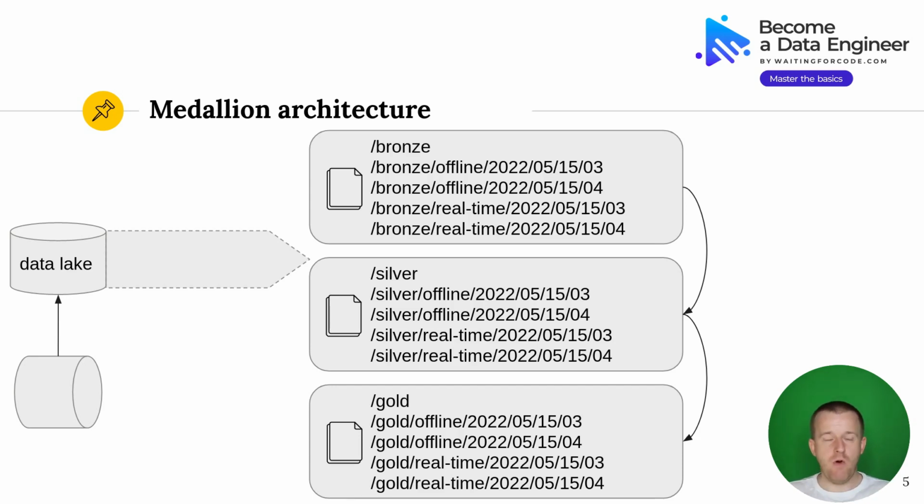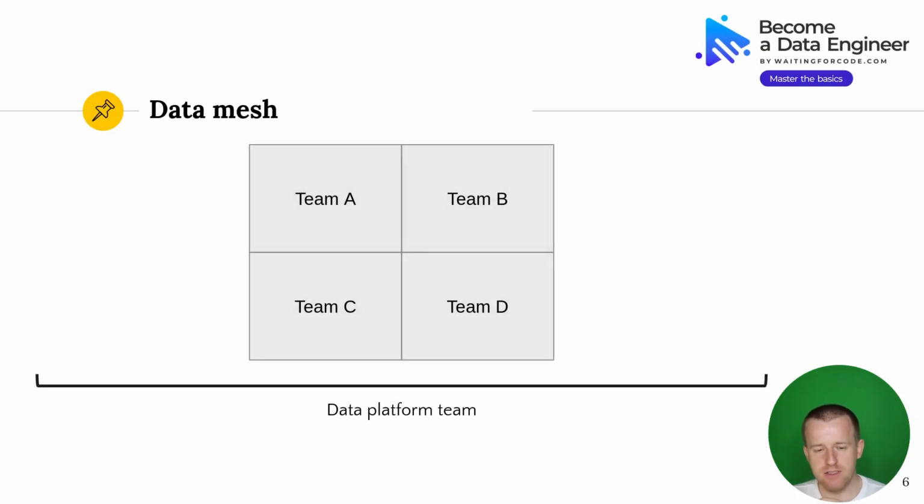And besides these data organization, data storage oriented approaches, there is another one which is more organizational. This approach is called data mesh. Data mesh favors data ownership in dedicated data teams.